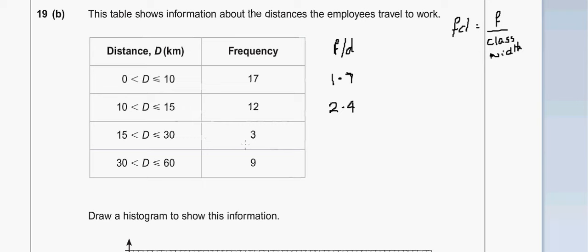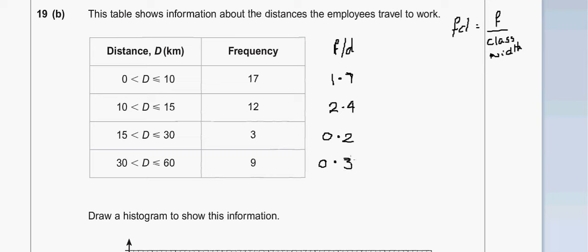So this will be 3 divided by 15, which is 0.2. And then here we have 30 to 60, so a class width of 30. So this would be 9 divided by 30, which gives us 0.3.